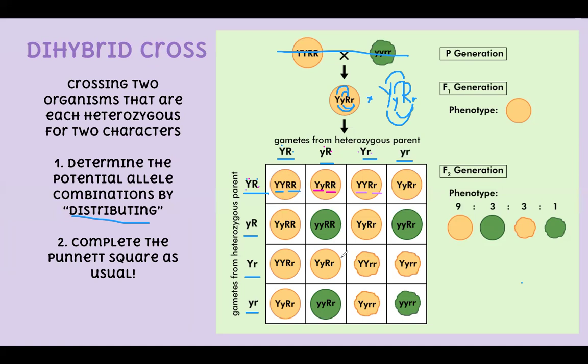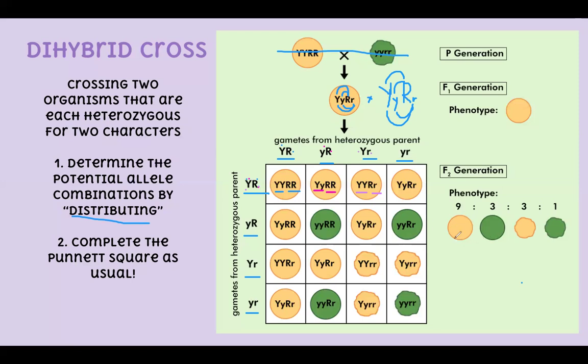And then the next part is to determine the phenotypes, depending on what the question is asking you. But for dihybrid crosses, we usually want to figure out the phenotype ratio because we're interested in the possibilities of these two genes and how they can combine together. So how do we figure out a phenotype ratio? Well, we have to go through and figure out the phenotype of each box. And let's make a little key here. So in this Punnett square, I don't think it even tells you.